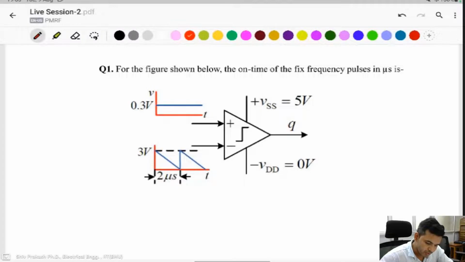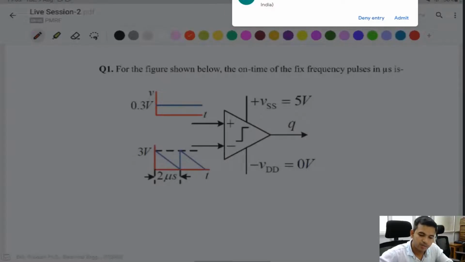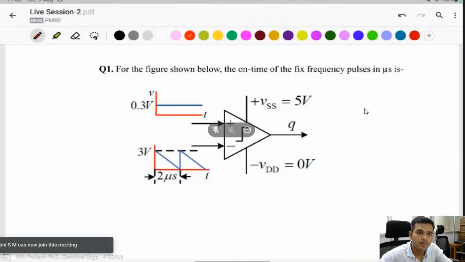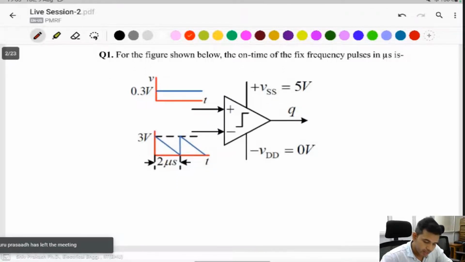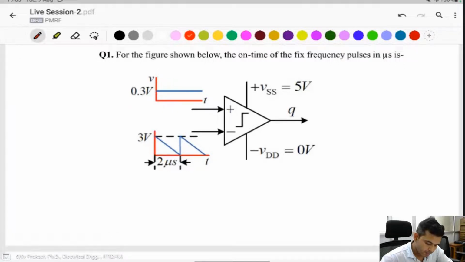For the figure shown below, find the on time of the fixed frequency pulse in microseconds. Here is a comparator. Reference signal is 0.3 volt and modulation signal is 3 volt.